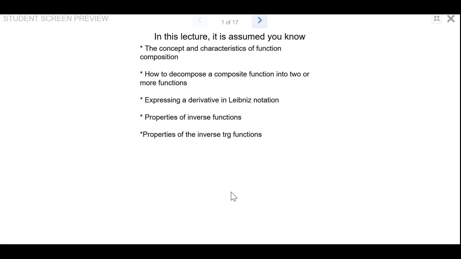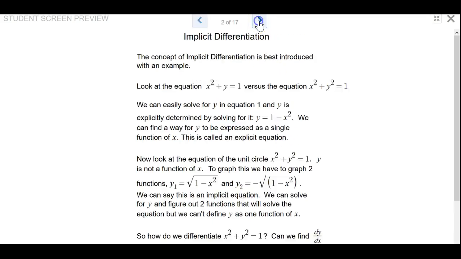So you want to remember or review your inverse trig functions. We can solve for y in this equation, and we know that this is a function. Its graph is a parabola. In this equation, we cannot solve for y as a single function of x.